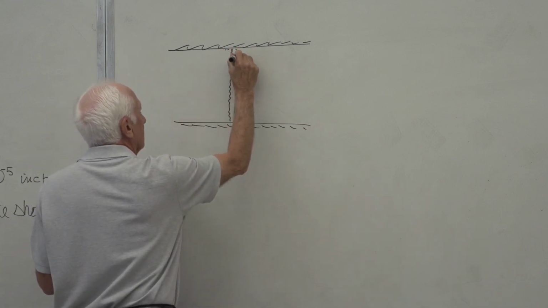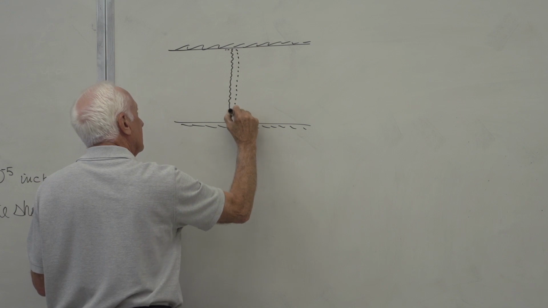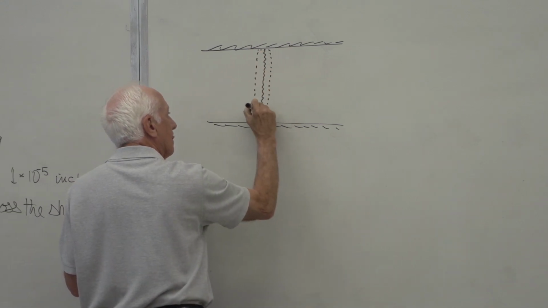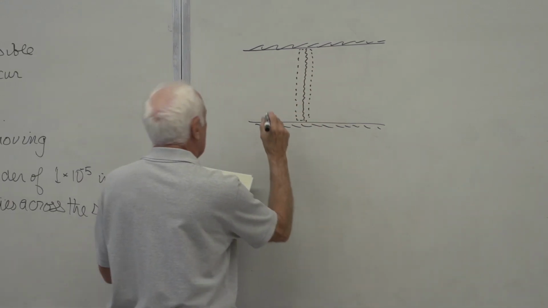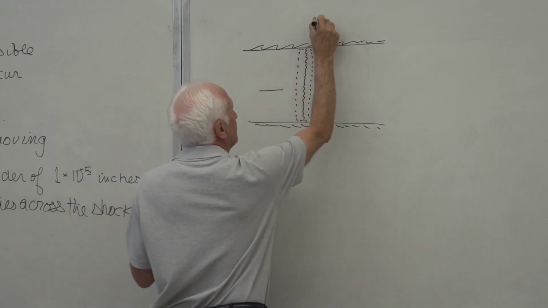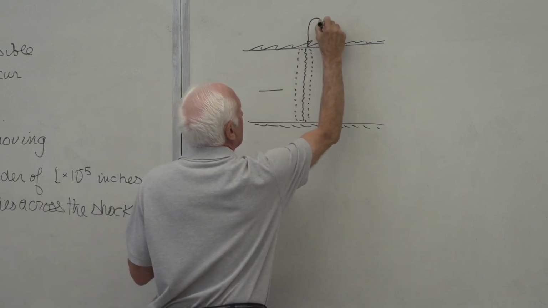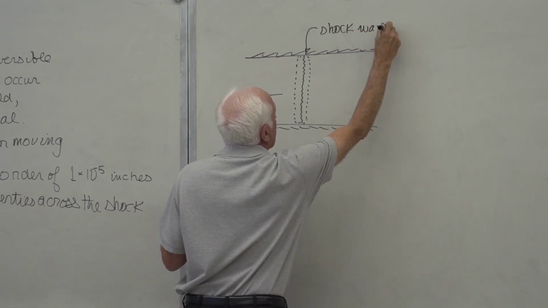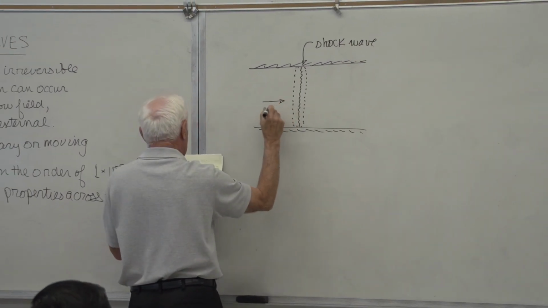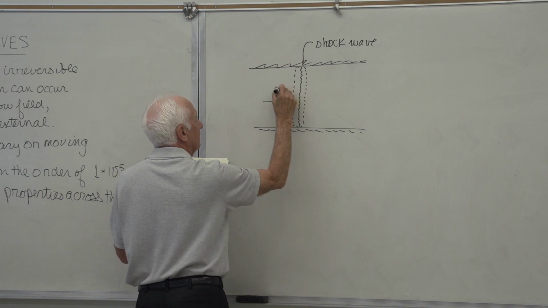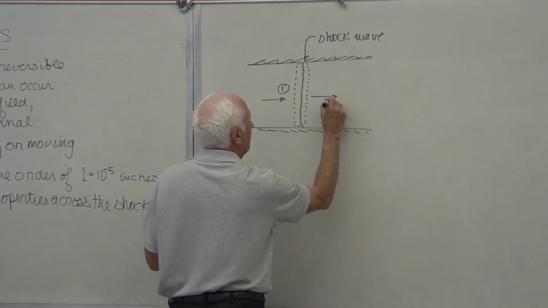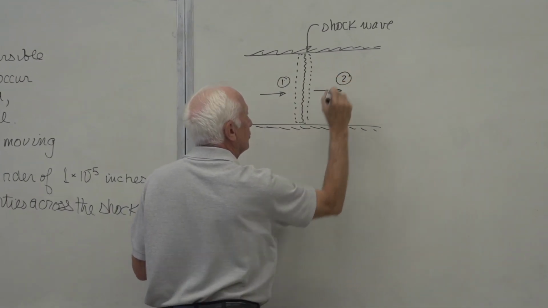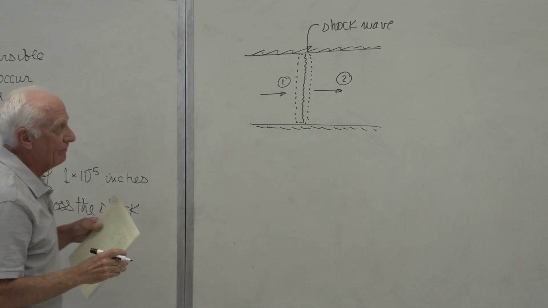Our control volume is the dashed lines. Approaching the shock wave, we have conditions 1. Leaving the shock wave, we have conditions 2, other side of the shock wave.